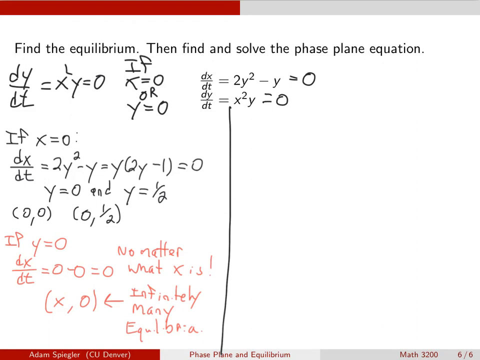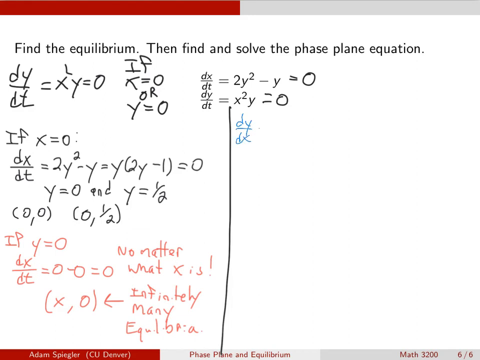Okay, so next let's take a look at the phase plane equation for this system, and then we'll solve that phase plane equation. The phase plane equation, dy/dx, we get by taking the ratio of these two equations.